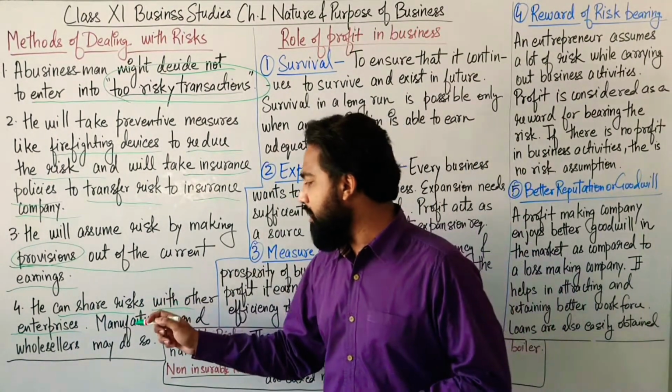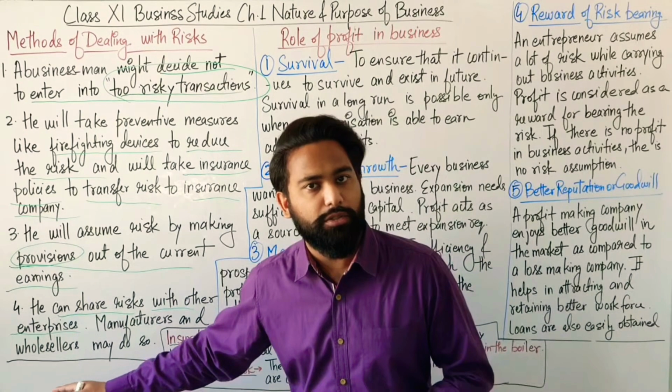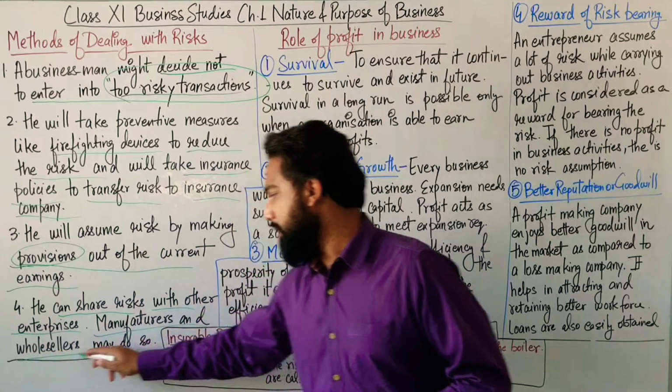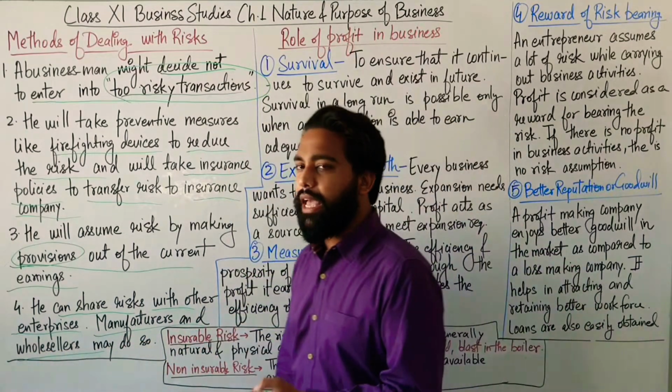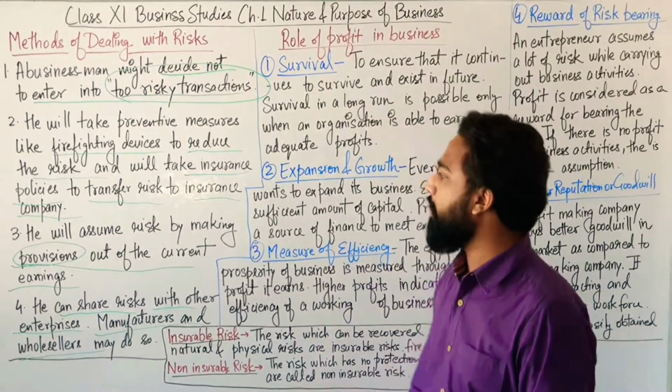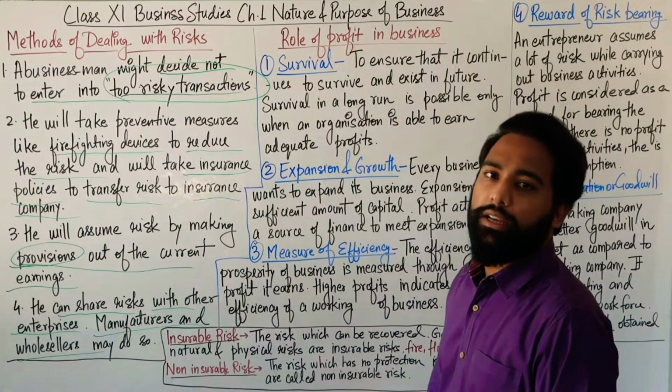So he can share risk with other enterprises also. Is that clear? Manufacturers and wholesalers are the two persons who can share the risk with an enterprise. Is that clear, students?